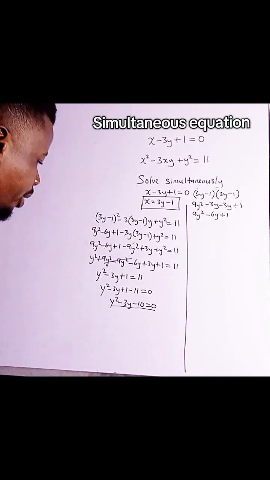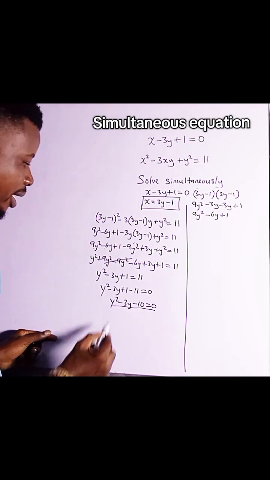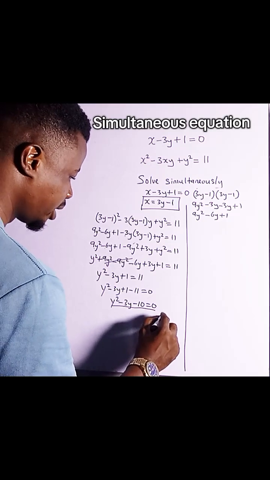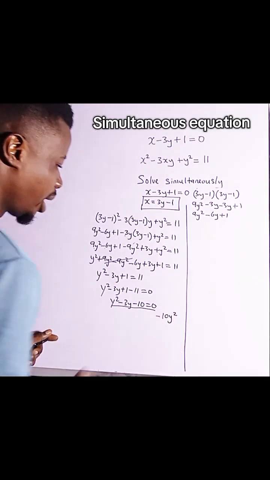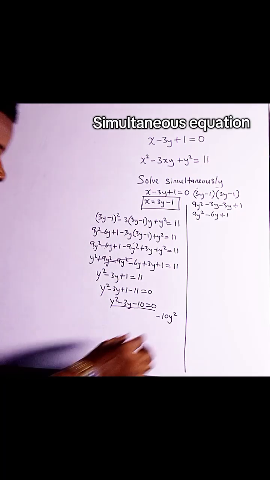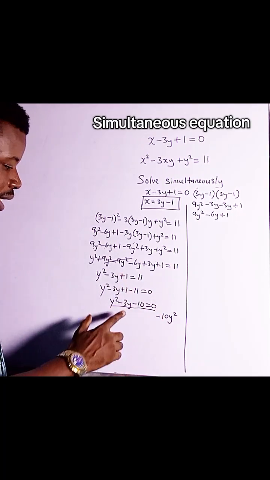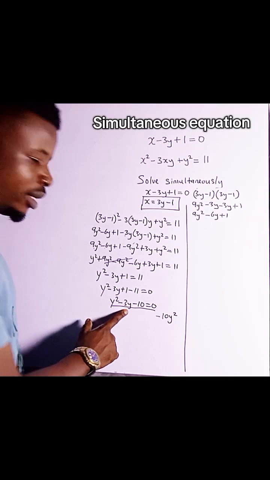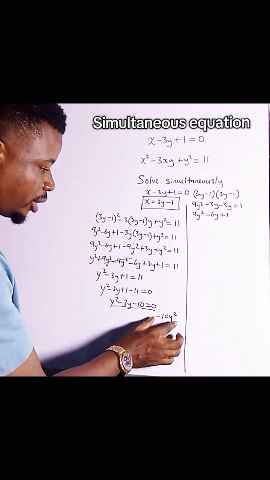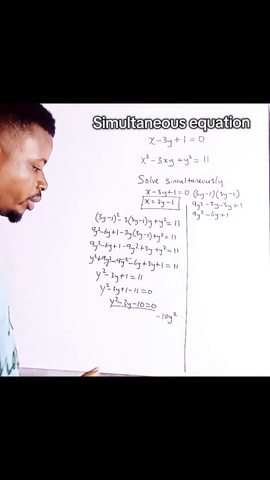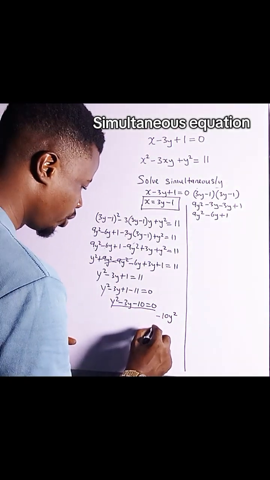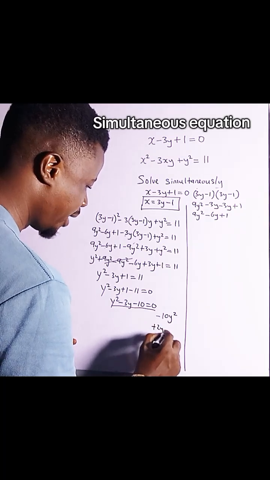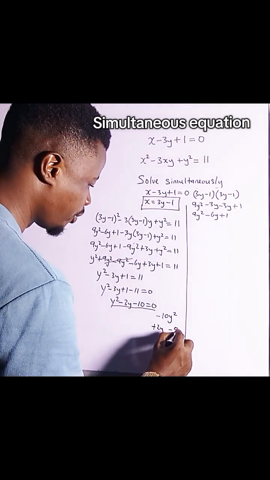So how do we do that? We multiply the first term and the last term. You have minus 10y squared. Now what are the factors of this term, which when you add them give you minus 3y, but when you multiply them give you minus 10y squared? If you look closely, you're going to have plus 2y and minus 5y.